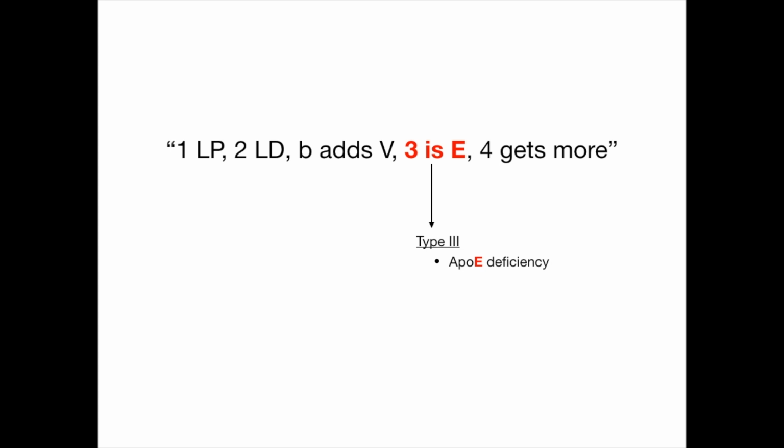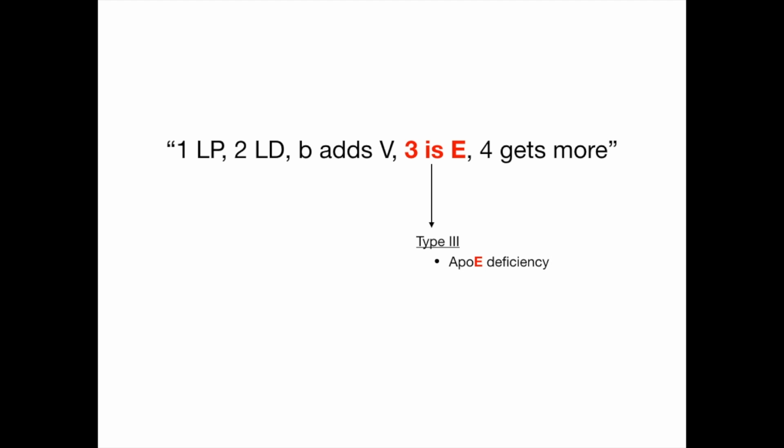So type 3 familial dyslipidemia is caused by a deficiency of ApoE. So 3 is E. This is a beautiful mnemonic. It rhymes for your studying pleasure. So this is an ApoE deficiency. Now, if you've watched the videos in this section on lipid transport, you should know that ApoE is important for remnant reuptake.